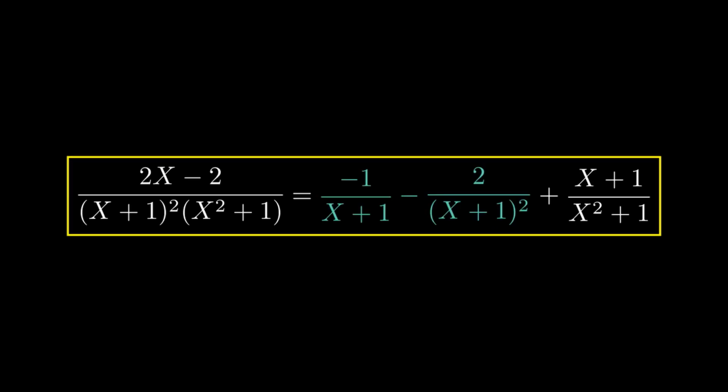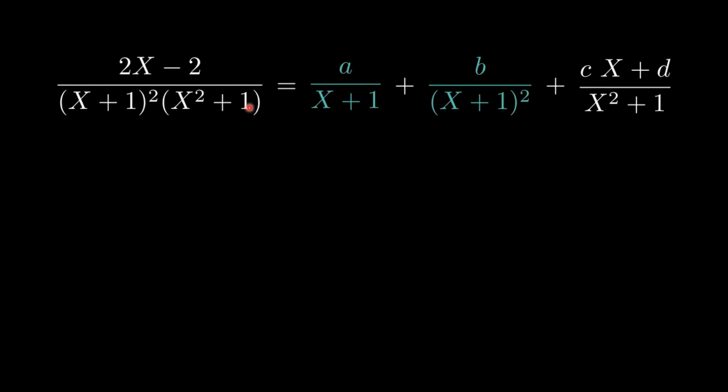So the partial fraction decomposition of our fraction is negative 1 over x plus 1, plus negative 2 over x plus 1 squared, plus x plus 1 over x squared plus 1. So here a is negative 1, b is negative 2, c equals 1, and d equals 1.